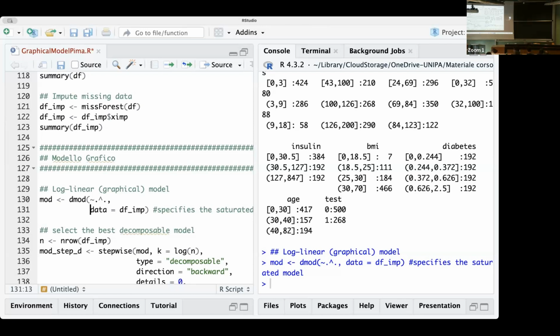Roughly speaking, it's something like that. So my suggestion is, if I have enough data and a few variables, then use non-decomposable because it's fine, and I have more choices for the graphs. Otherwise, be a bit more careful.